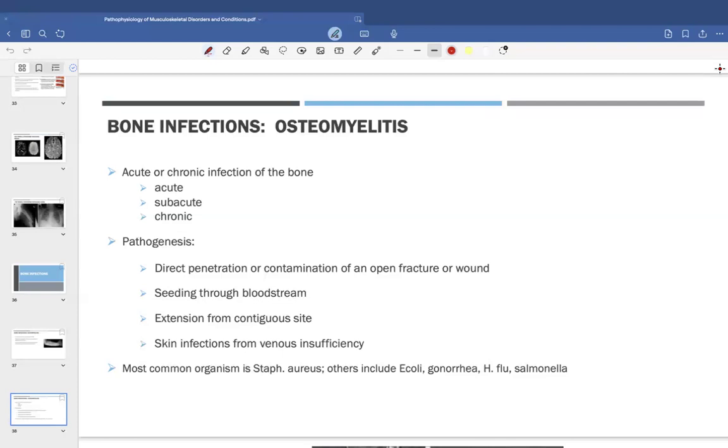And then they have these metal pins that go through the skin into the bone to align the bones. You can look it up, you can Google it, like a halo for the head. And these pins, there's a whole protocol for keeping these pins clean, because it's a direct route from the skin into the bone.